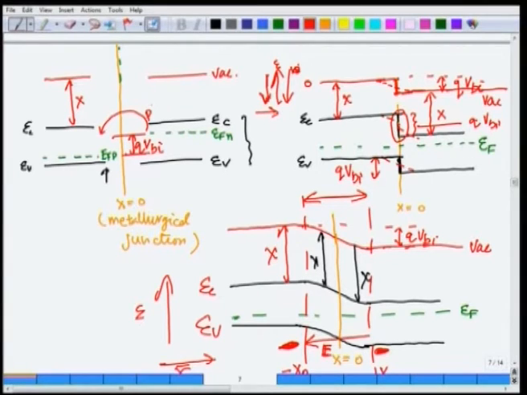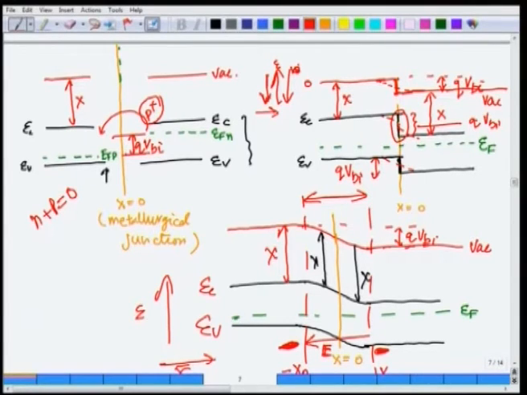They leave behind P plus charge here, phosphorus atom, and it remains ionized. This is a donor atom which is ionized, and the fifth electron is gone to this side. There are a lot of holes here, so this electron and hole recombined and annihilated each other.